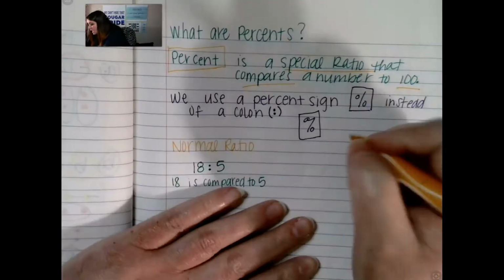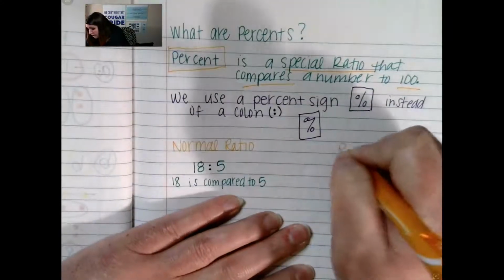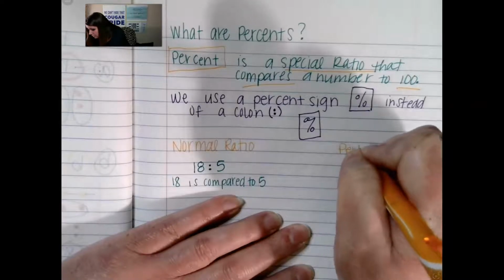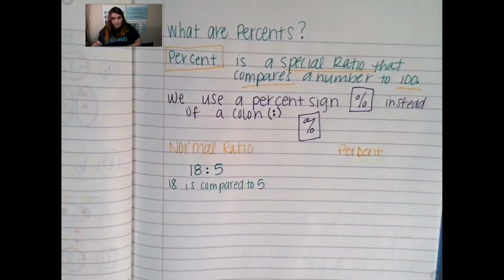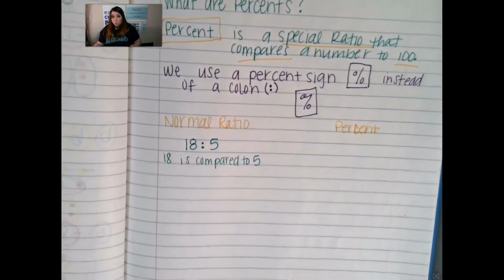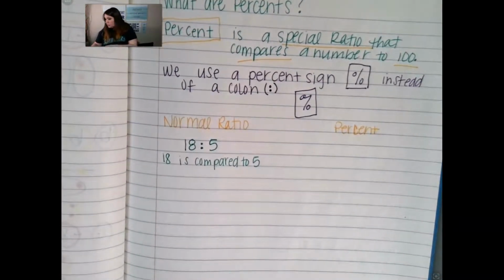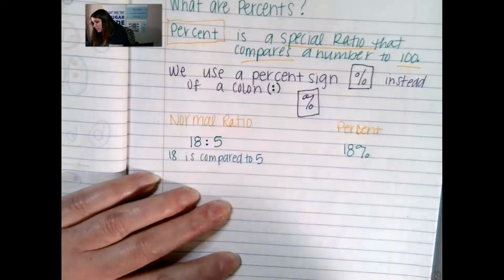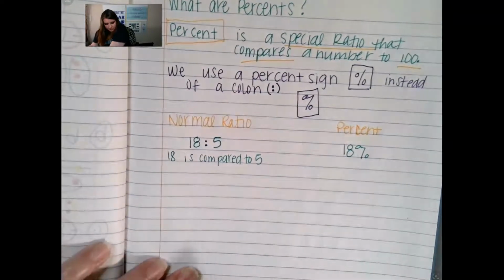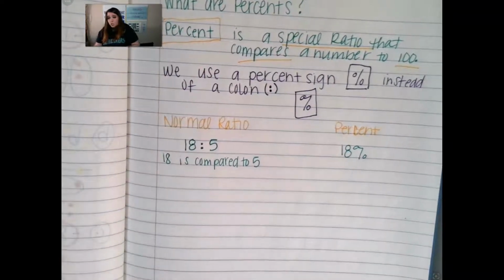As a percent, when we write percentages, you would instead write 18%. And this 18% is being compared to 100.